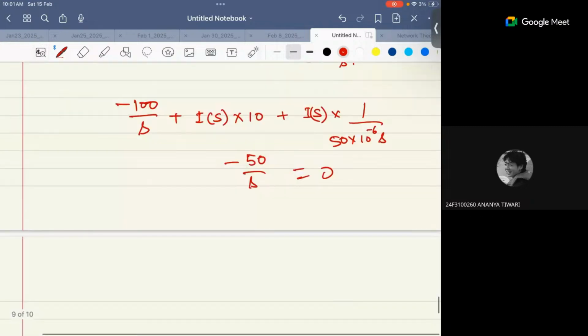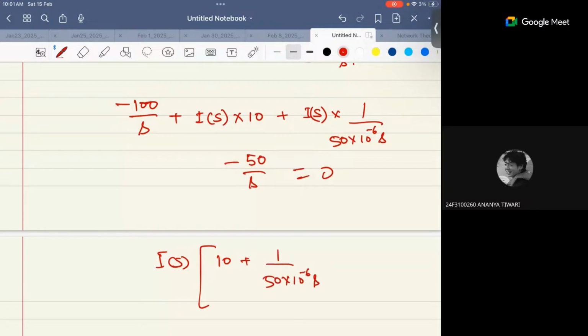So this is simple, right? I(s) times (10 plus 1 upon 50 into 10 to the power minus 6 s) equals 150 by s.